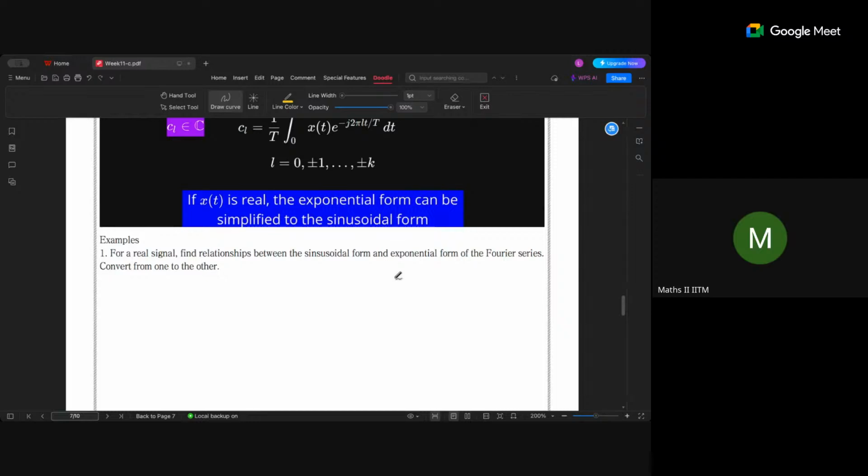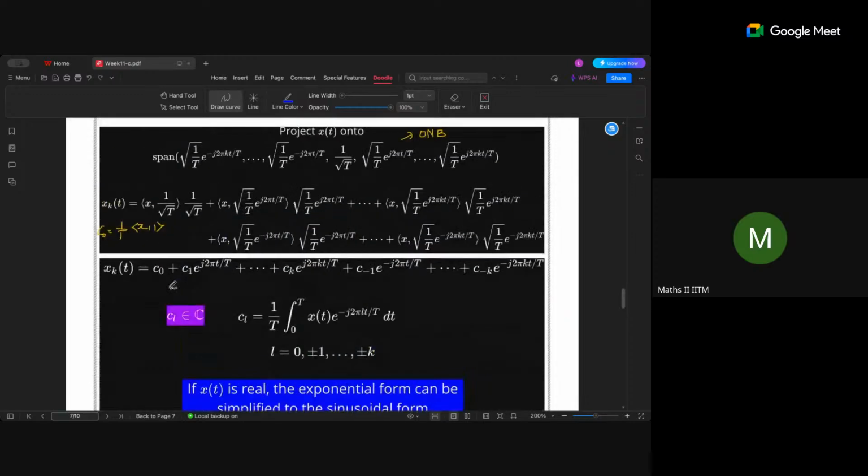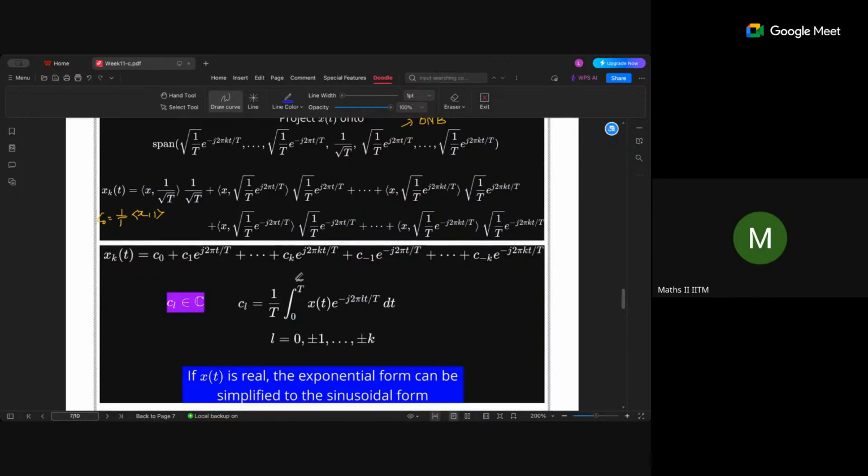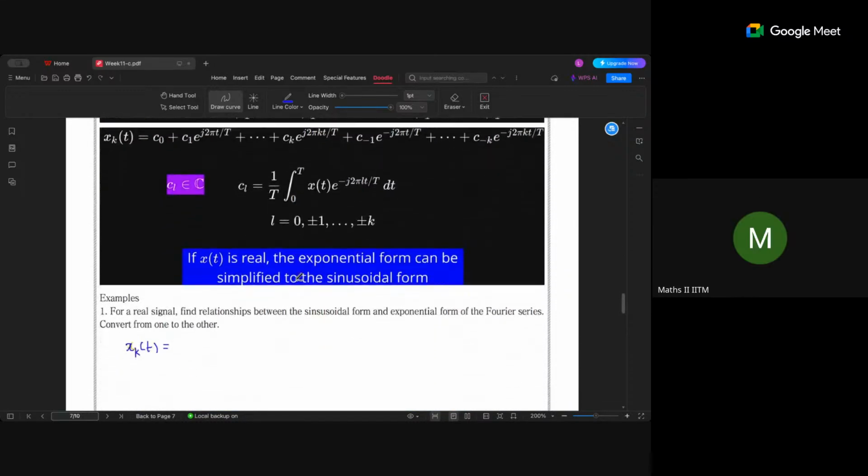First of all, let us look at the term x_k of t. What is our x_k of t? c naught plus c1 e power j 2 pi t by T and so on. So let's write this first.